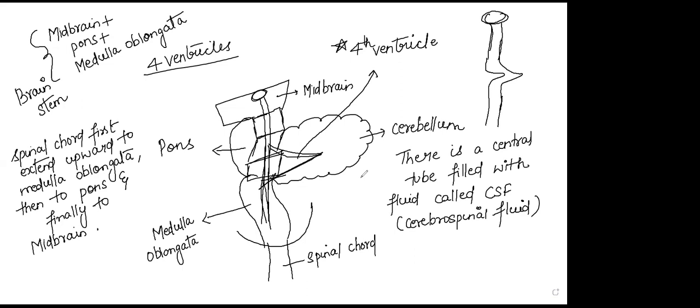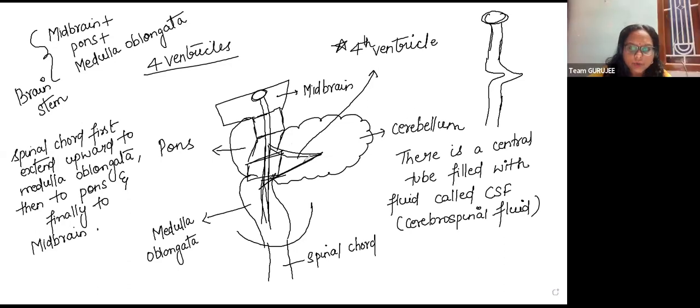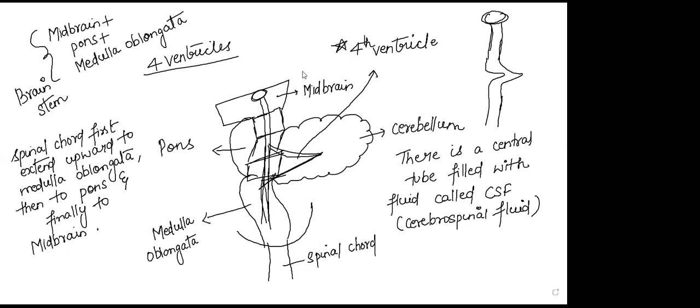Ma'am, what is the fourth ventricle? Fourth ventricle is the same thing, this protrusion. The central tube is coming, and at pons and medulla oblongata it is getting stretched. That is called the fourth ventricle. Ma'am, is it getting stretched in the cerebellum?